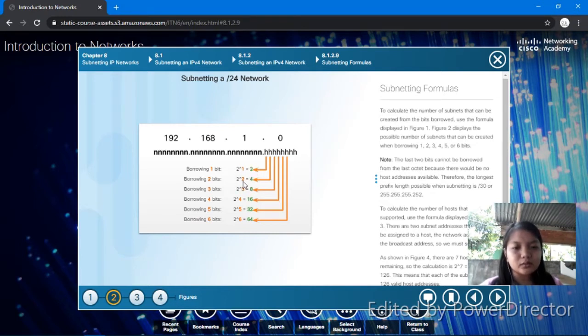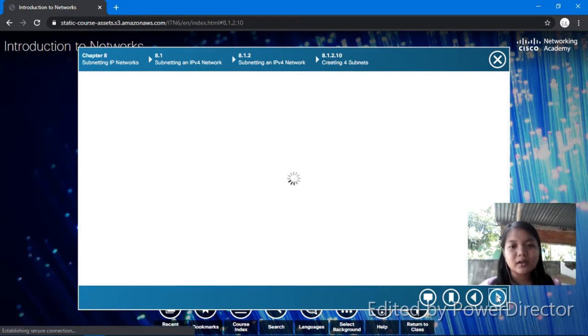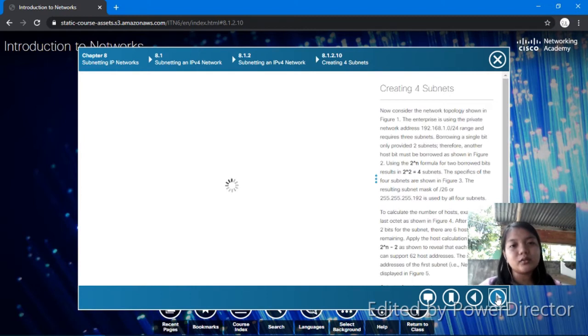Then 2 raised to 2, so 2 bits borrowed, the answer is 4. Then 3 bits borrowed is 8, 4 bits borrowed is 16, 5 bits borrowed is 32, and 6 bits borrowed is 64. So just like I said a while ago, 2 raised to n, where n is the bits borrowed.